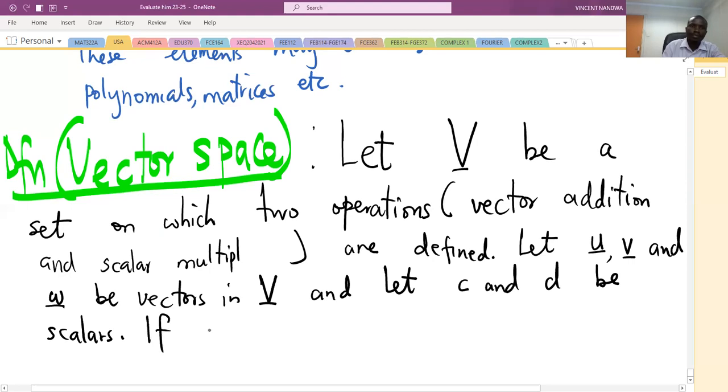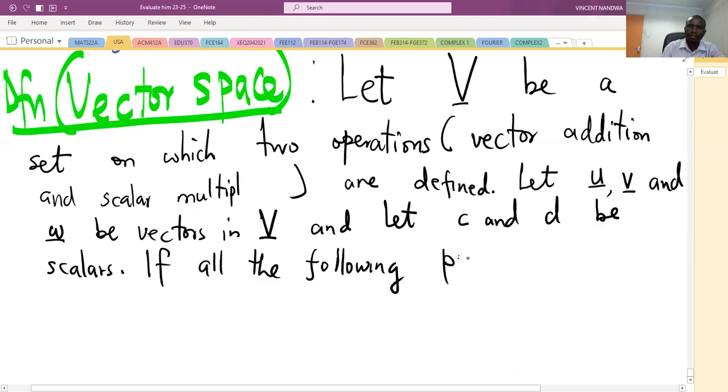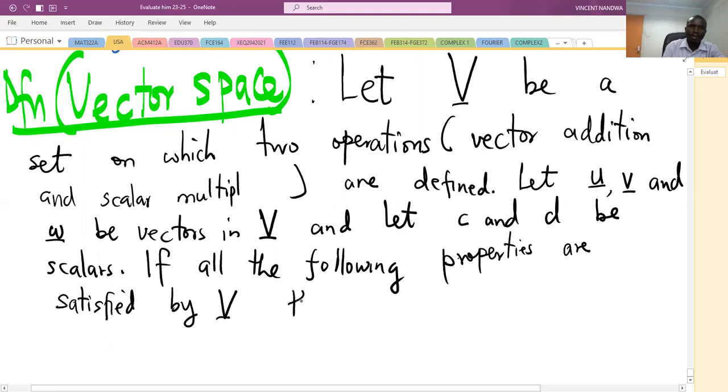If all the following properties are satisfied by V, then V is a vector space.